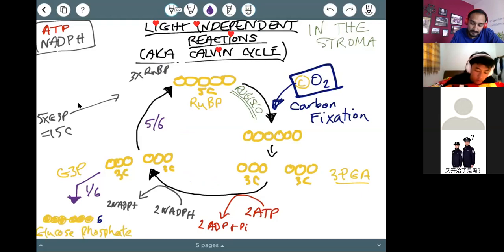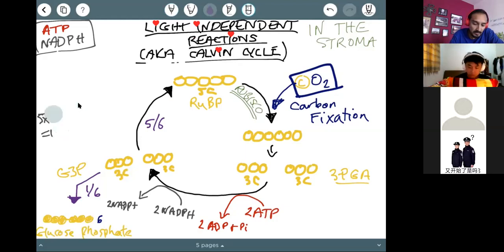Does it always start with 3 RuBP? No, that's just the sum. Start and finish is kind of arbitrary, right?